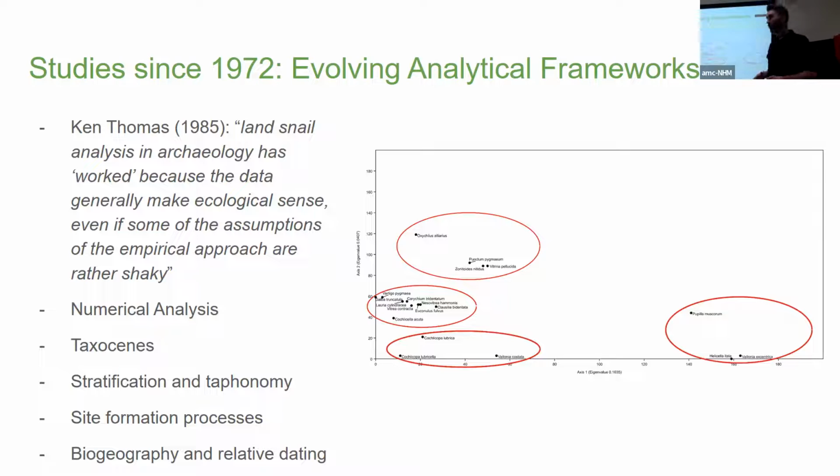Subsequently, however, the taxocene framework doesn't really seem to have been taken off. If we look at archaeological snail studies that have been carried out in the last 30 years since John's first publication on taxocenes, there are very few that make reference to taxocenes.